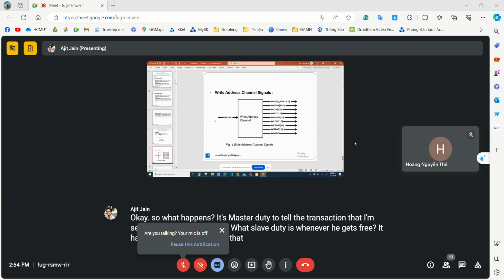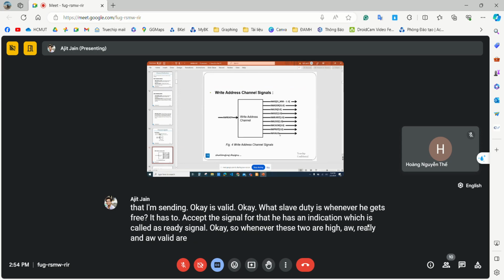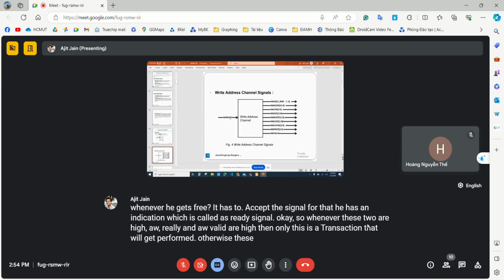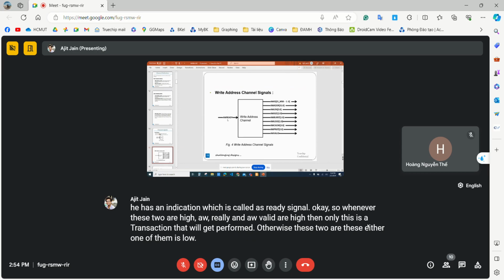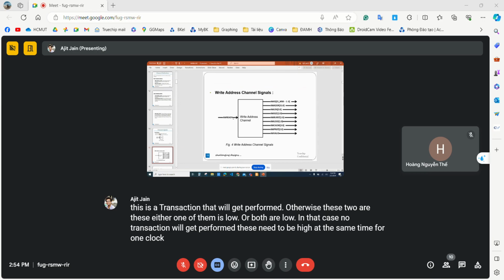For that, it has an indication which is called the ready signal. So whenever AW ready and AW valid are both high, only then is a transaction performed. Otherwise, if either one of them is low or both are low, no transaction will get performed. These need to be high at the same time for at least one clock cycle.